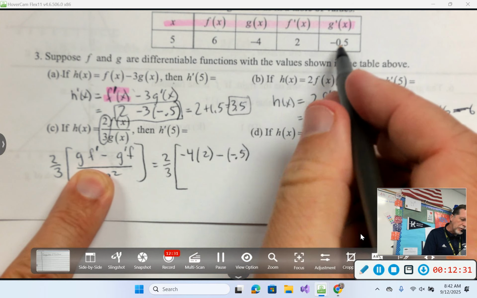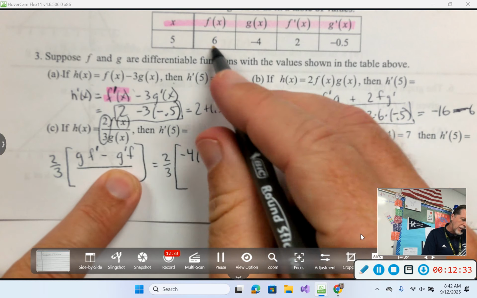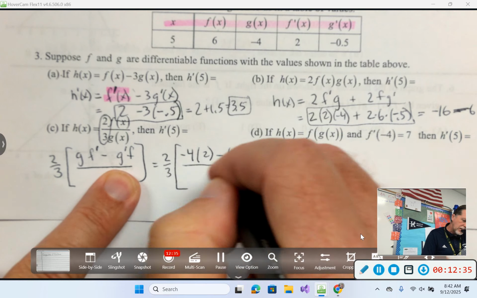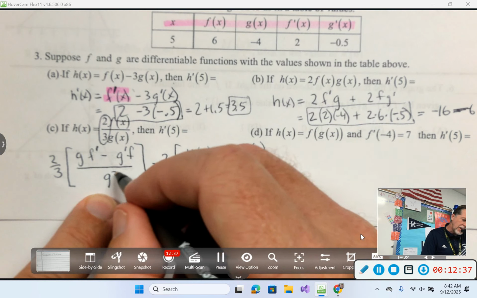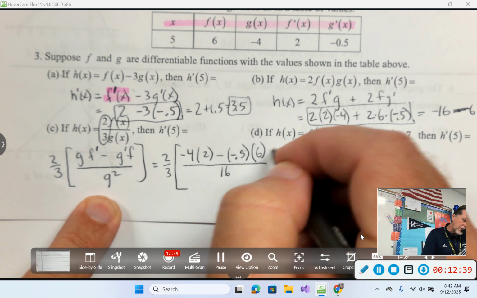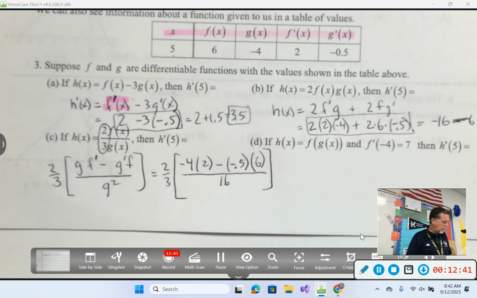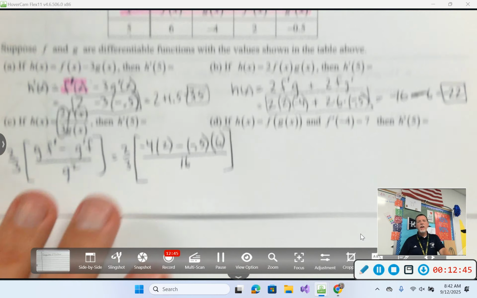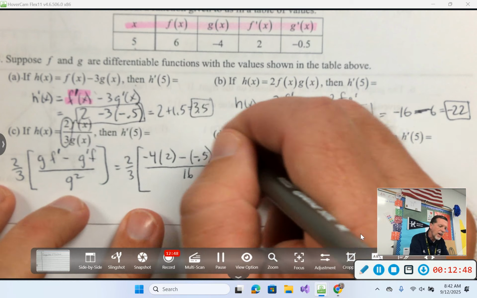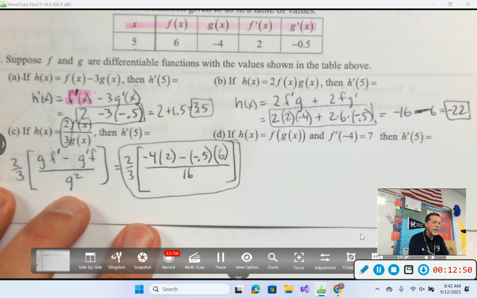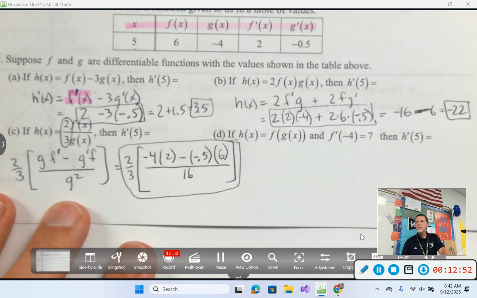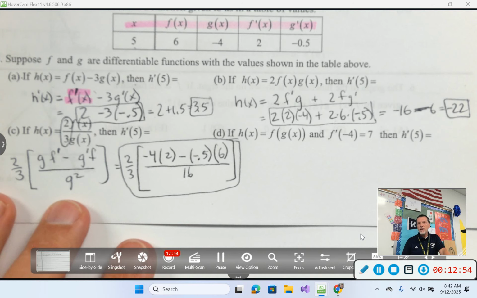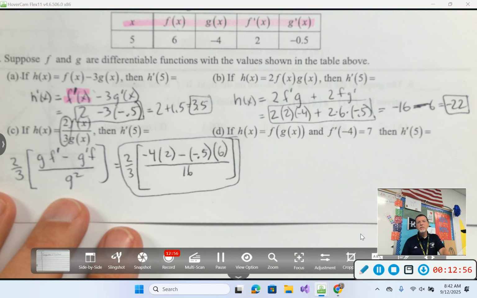I don't know why we threw a fraction in there, just to mess with you. f is 6 all over g squared, so that would be 16. And just to emphasize the fact that we're okay with safe stops, I'm going to safe stop that and not even clean it up. If it's a free response, you are welcome to safe stop and be done.